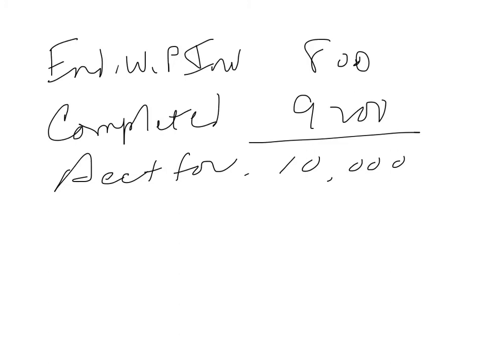Therefore, both have to add up to 10,000. If you don't have the same 10,000 for each section, beginning plus started equals 10,000 and ending plus completed equals 10,000, you're not going to get the problem right. So that's step 1, they have to equal.